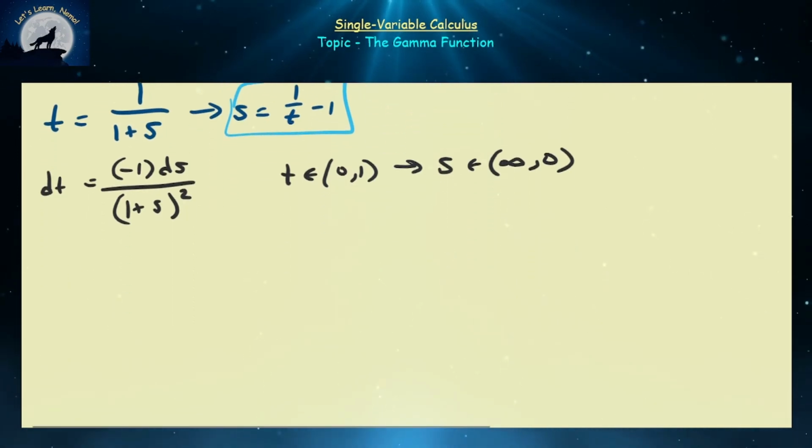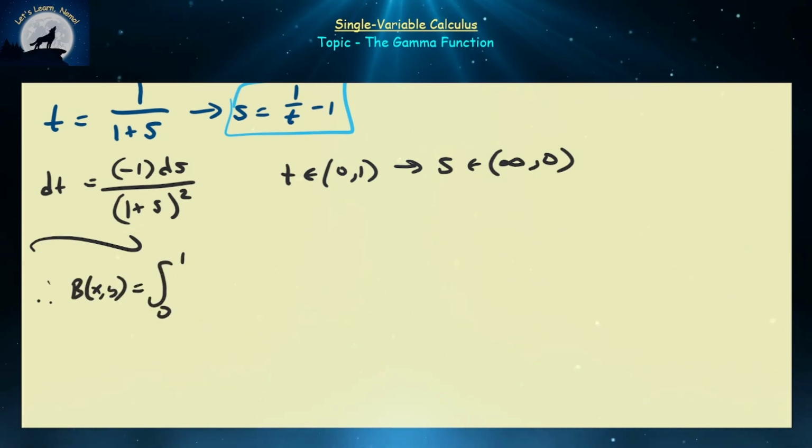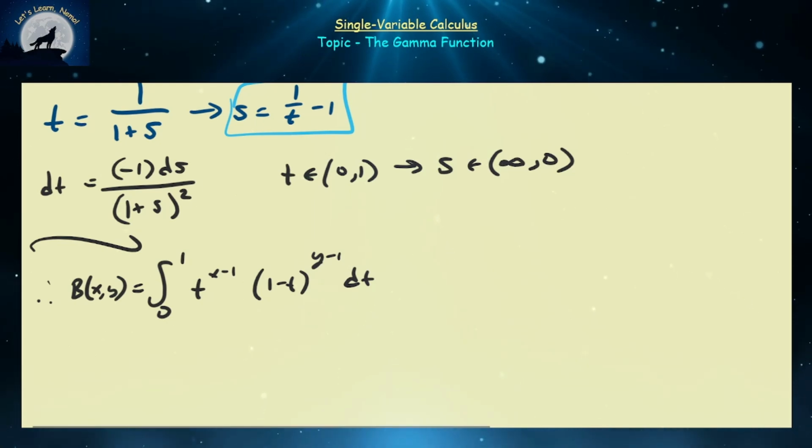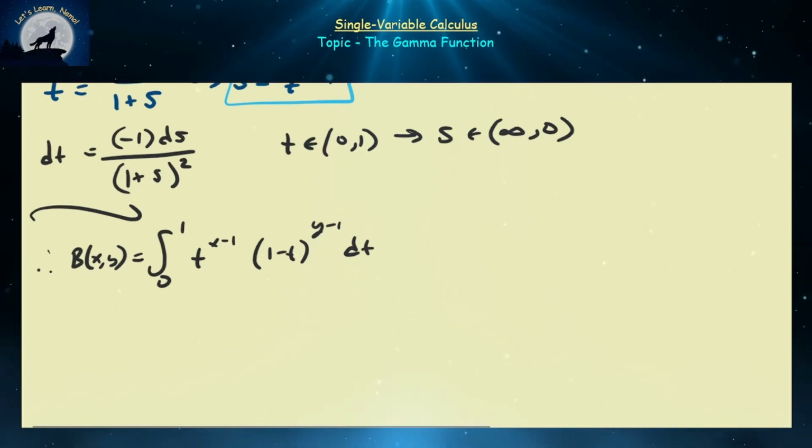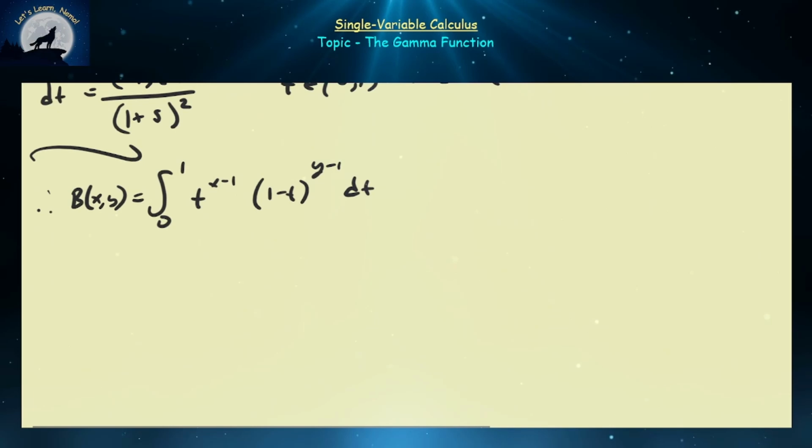So once you do the substitution, then you're going to get what? Keep in mind, beta of x, y is equal to the integral from 0 to 1 of t to the x minus 1 times 1 minus t to the y minus 1 dt. Now we're going to substitute our value of t, change our bounds, use our dt, and see if it comes out to anything nice.